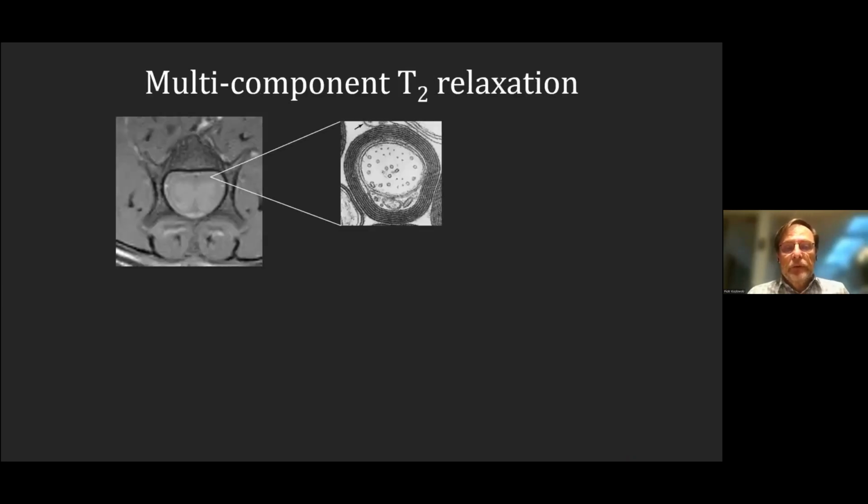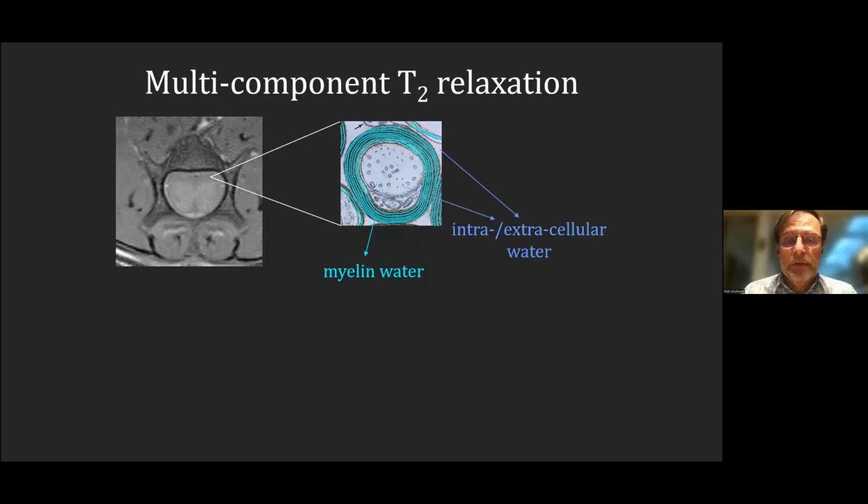So basically, if we look at, let's say, one pixel within our image in white matter, looking at the morphology of the tissue, you can see the multiple water compartments, and two are particularly important. One is the water that is trapped in between myelin bilayers, and the second one is the intra-extracellular water.